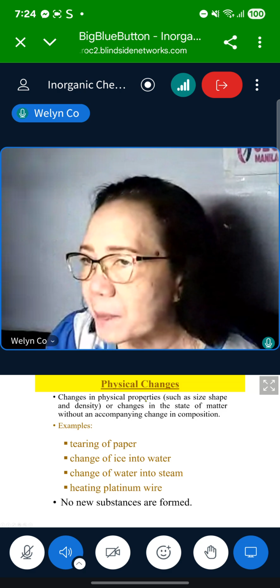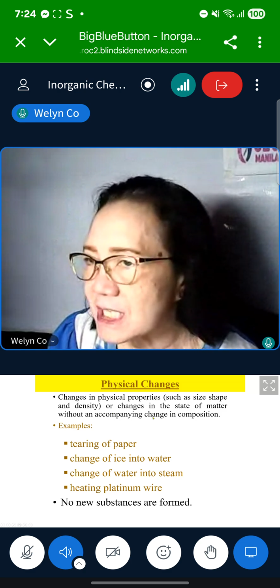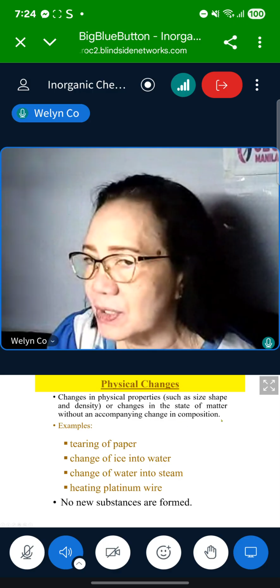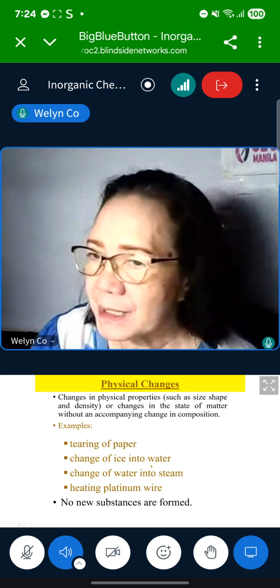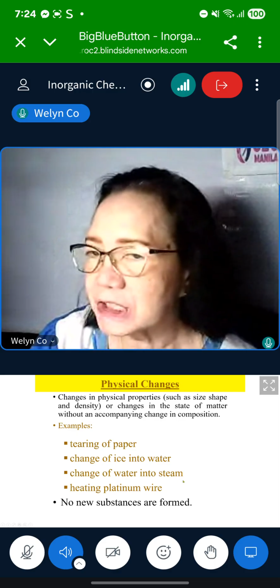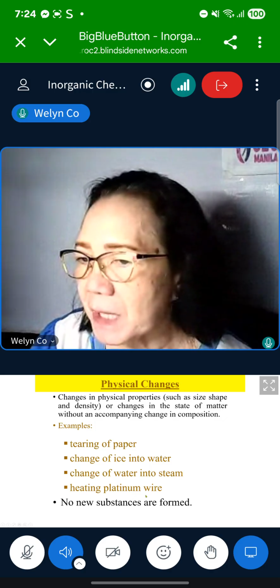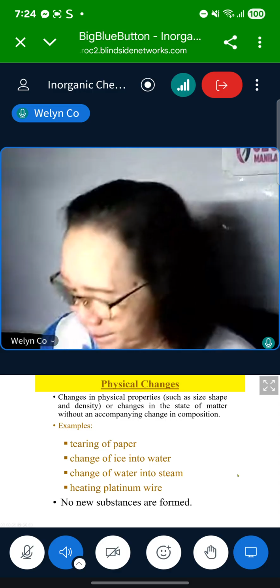So changes in physical properties such as size, shape, and density, or changes in the state of matter without accompanying change in composition. Okay? So the tearing of paper, the change of ice into water, the change of water into steam, and heating platinum wire. So no new substances are formed.